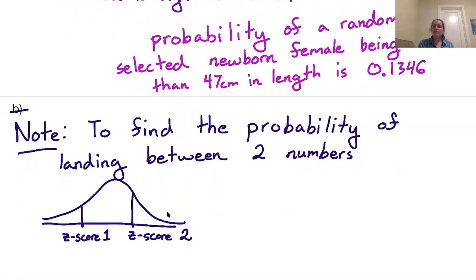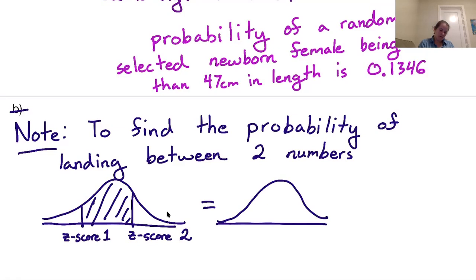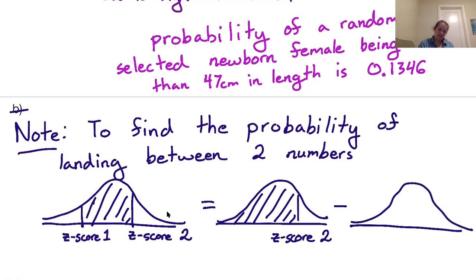If we want this probability, this is the same thing as looking at the full probability to the left of z-score 2, and then taking away the small probability to the left of z-score 1.